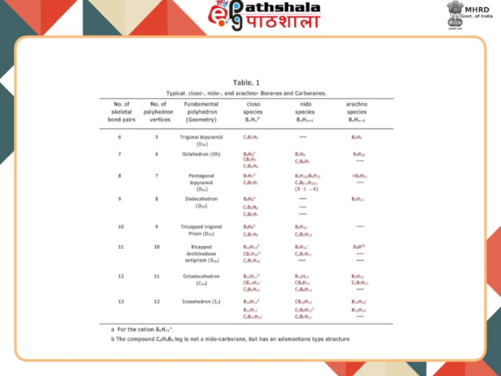When the number of skeletal bonded pairs is 11 and the number of polyhedron vertices is 10, the geometry is bicapped square antiprism or D4d. Examples under the closo species are CB3H10 2- and C2B5H10. Under the nido species, B8H12- and C2B7H11.